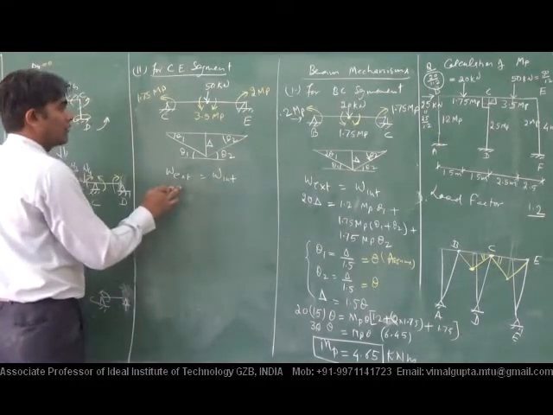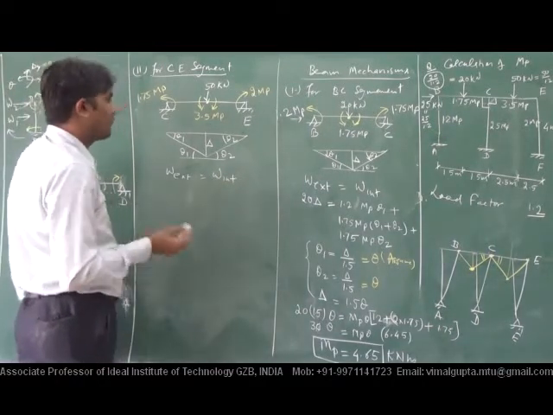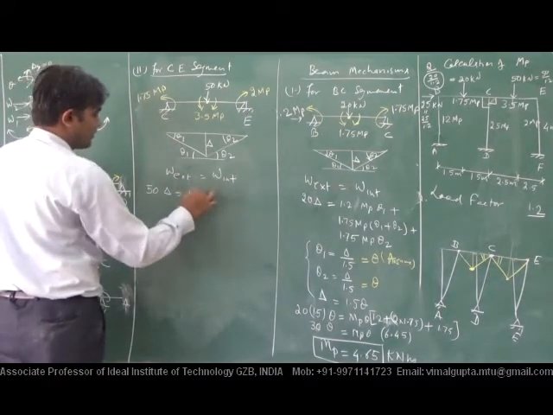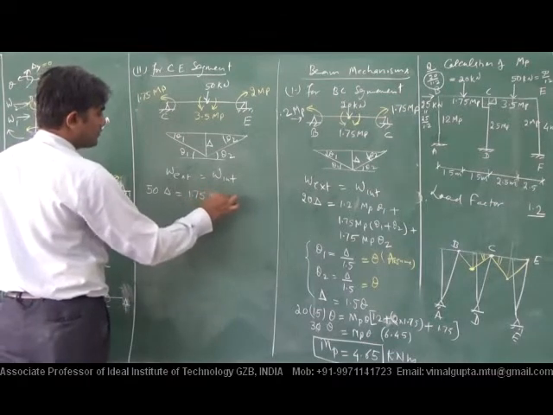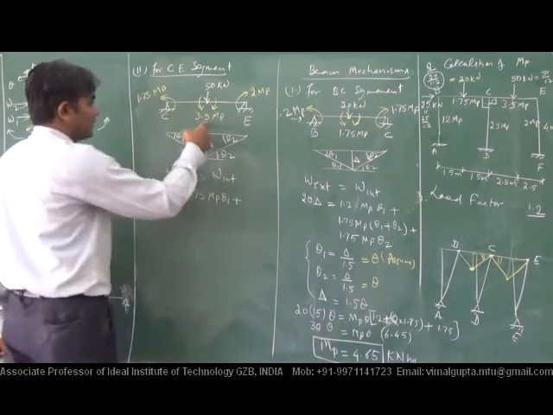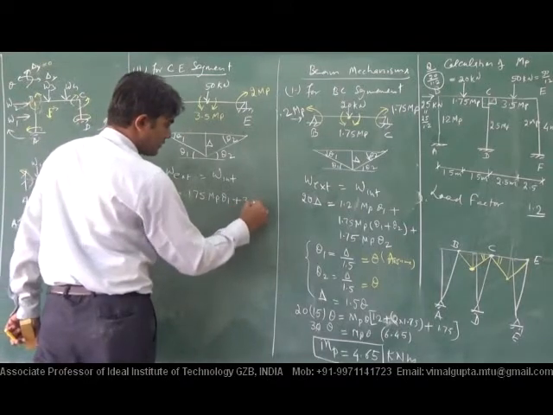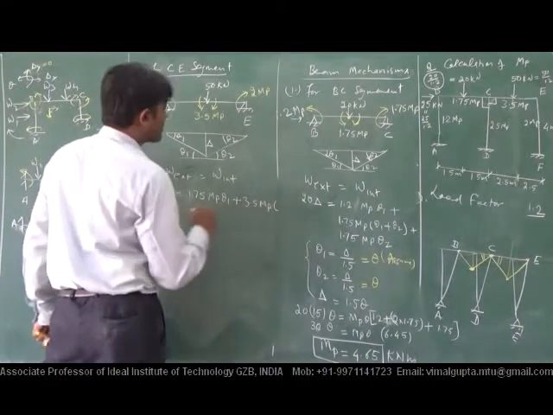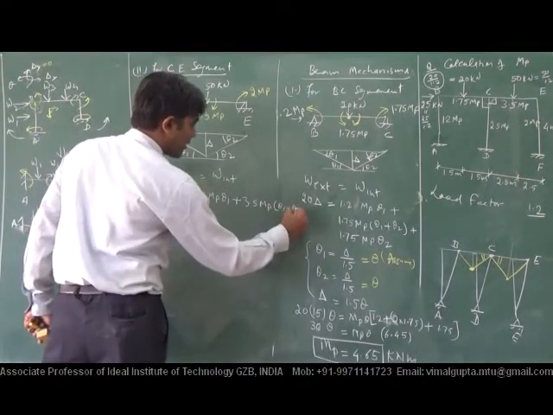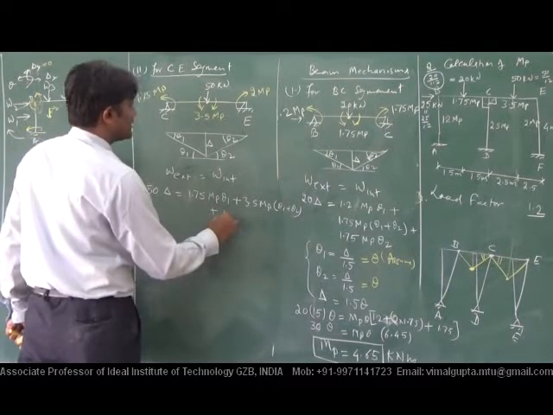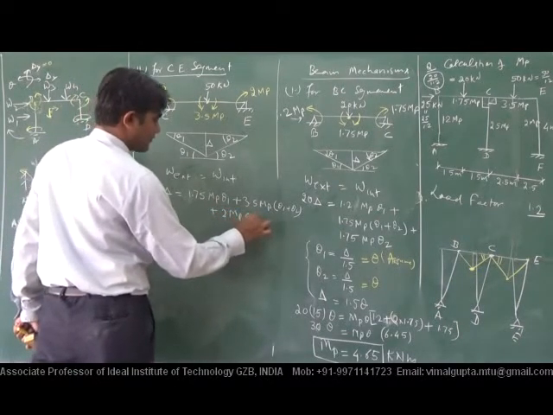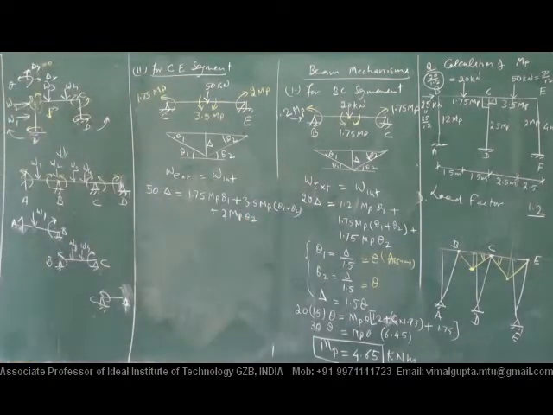So 50 into delta equals 1.75 MP into theta 1 plus 3.5 MP times theta 1 plus theta 2 plus 2 MP into theta 2. Clear?